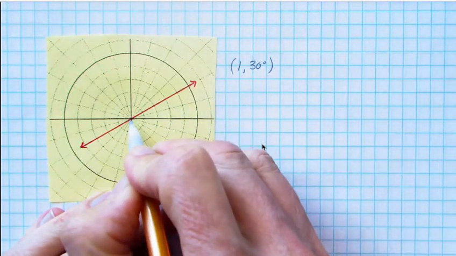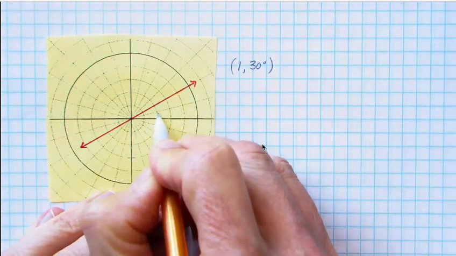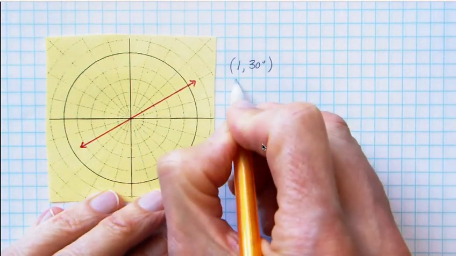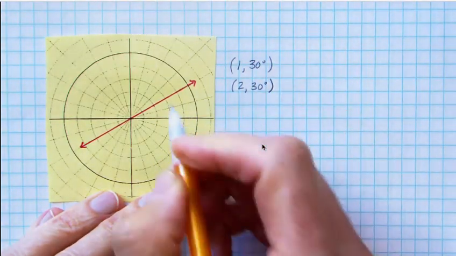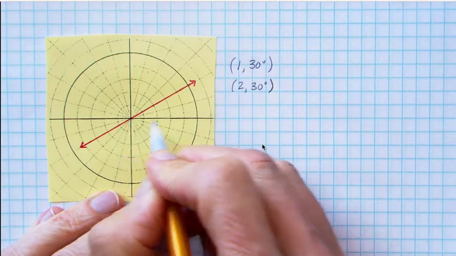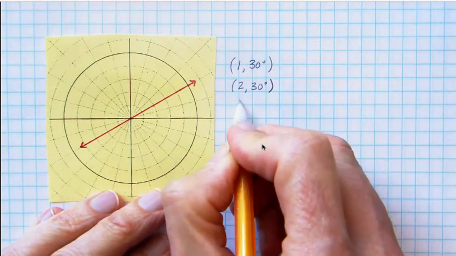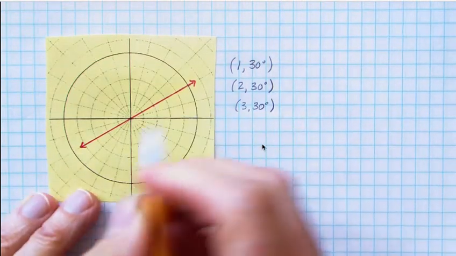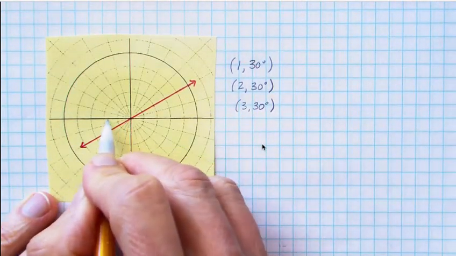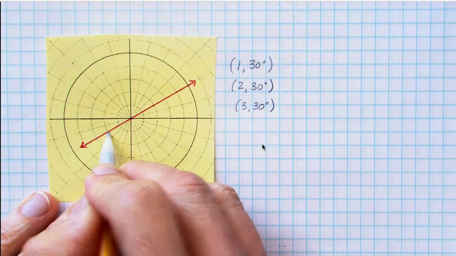If I go out 2 units and rotate 30 degrees, you start to realize it's always going to be 30 degrees. Even if you pick a negative number like -2 and rotate 30 degrees.